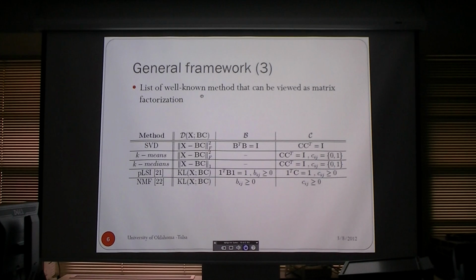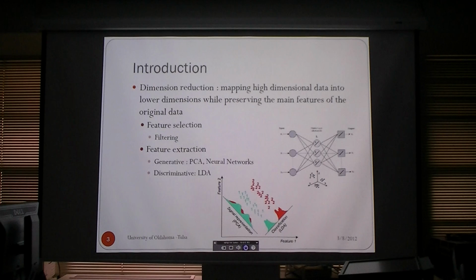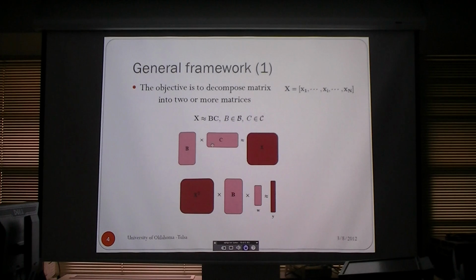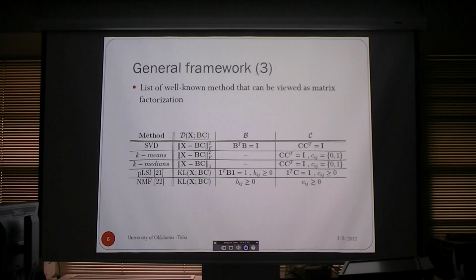For doing this work, I think I need to add one slide here. As I said, we want to decompose this matrix X into two matrices, B and C. B is our basis and C is the loading coefficient. This type of decomposition is famous, and there are some techniques that already use it, but with different conditions.